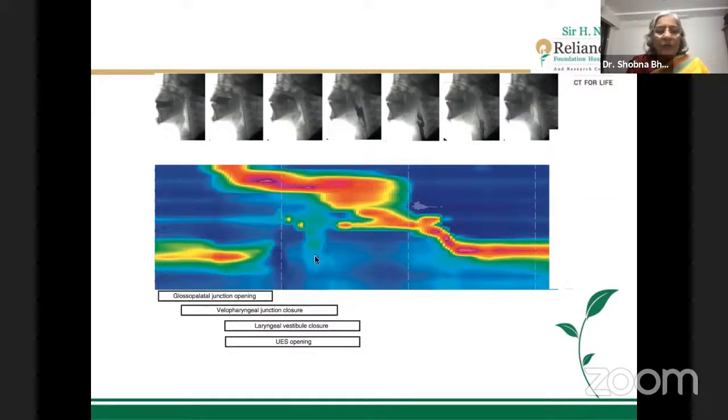This is the normal upper esophageal sphincter pressure. This is the opening of the sphincter. And just before that, you see that the velopharynx has already closed. Now, this prevents aspiration. As soon as the bolus has crossed the upper esophageal sphincter, the muscle goes back into its original position and then breathing resumes. So the main purpose of this upper esophageal sphincter is to prevent aspiration and allow swallowing into the esophagus.